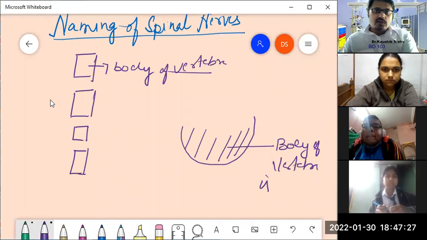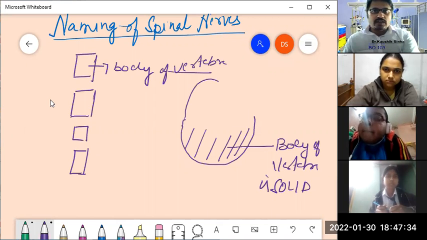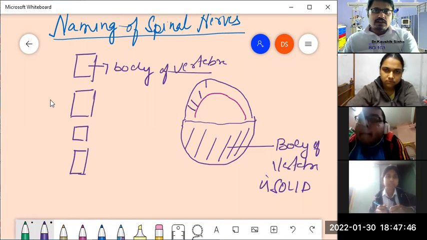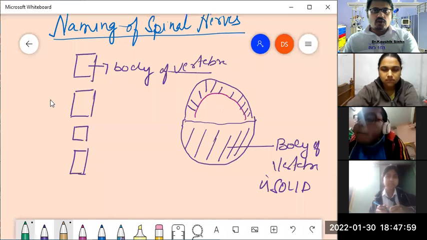Now the back part has an arch, and having an arch makes a kind of hollow. This thickness is bony. All that area that I have shaded is made up of bone. But the point on which I am putting some yellow dots is hollow.